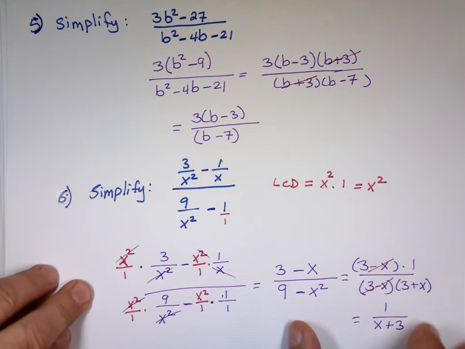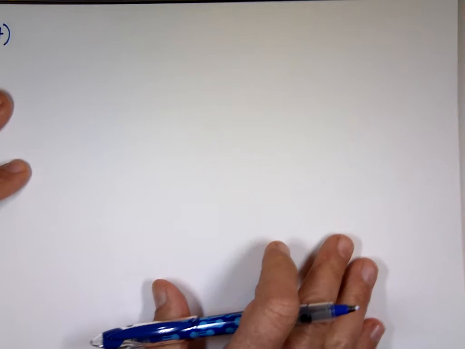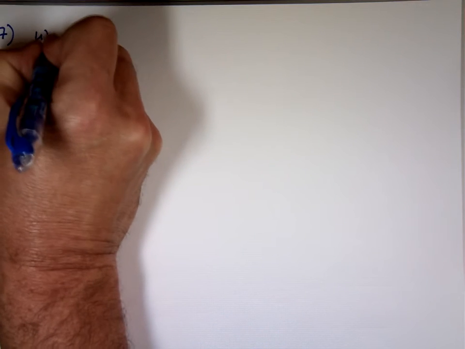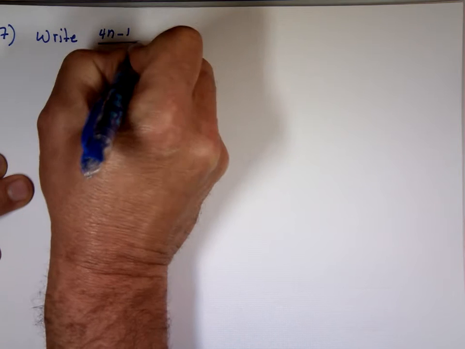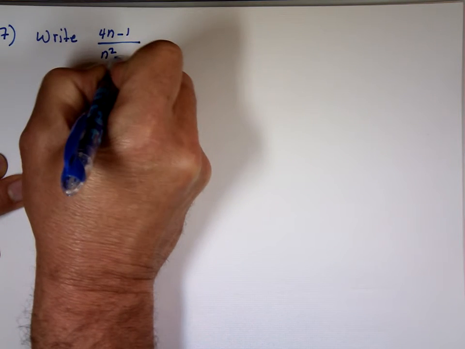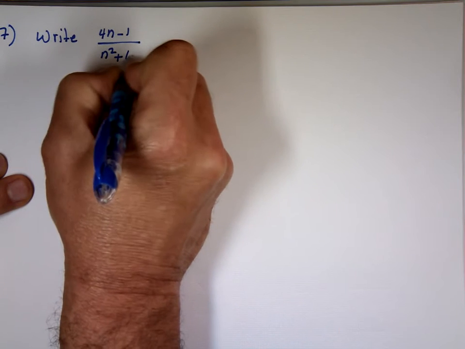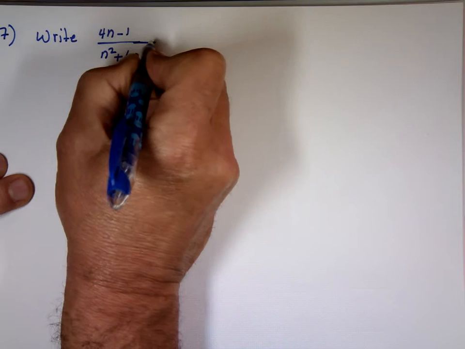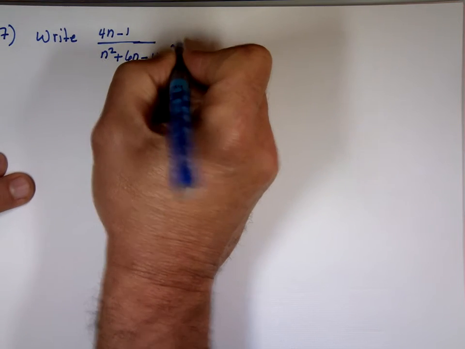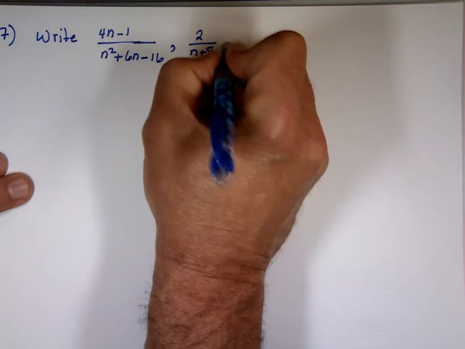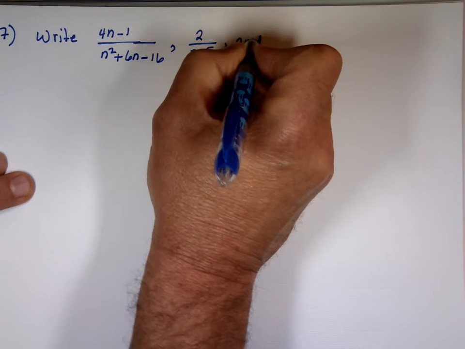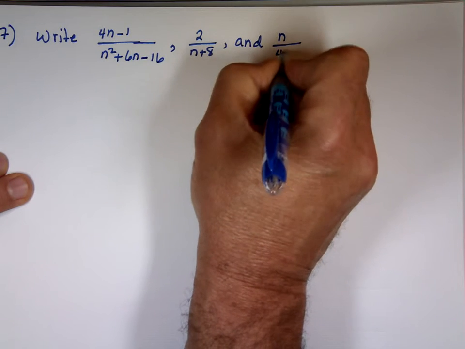Let's try another one. Write 4n minus 1 over n squared plus 6n minus 16, comma, the next one, 2 over n plus 8, comma, and the third one, n over 4n minus 8.